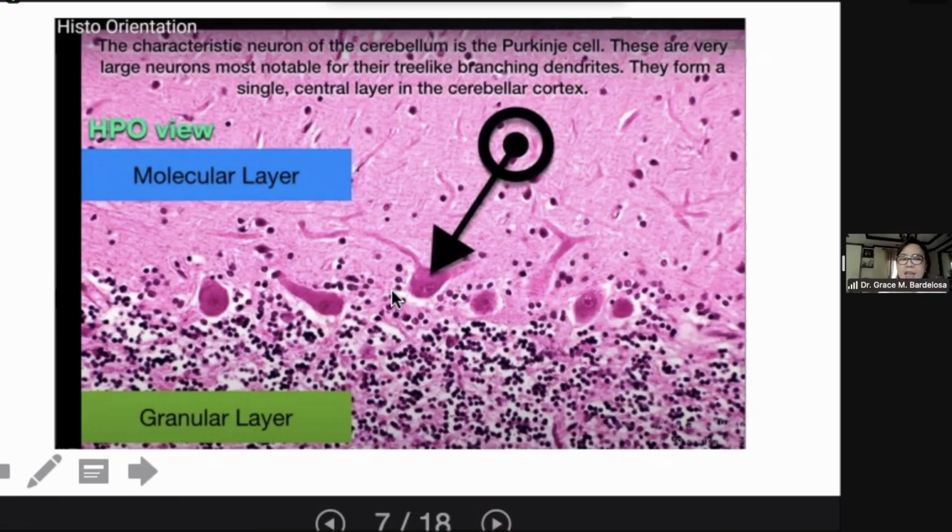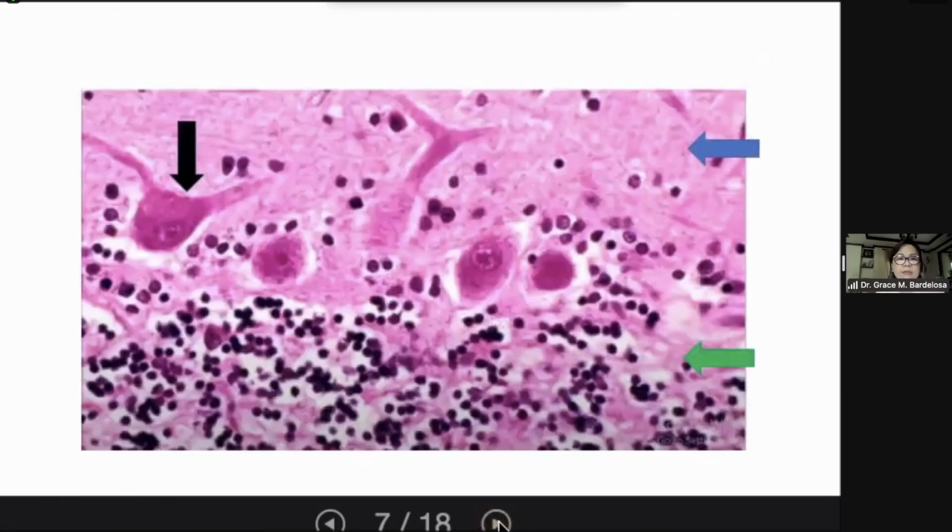When this is shown to you, you will immediately identify that this is the cerebellum. So, cerebrum, pyramidal cells. Cerebellum, the Purkinje cells are arranged in a single layer fashion. These flask-shaped cells are known as Purkinje cells, and immediately underneath is the granular layer. All these three layers make up the cerebellar cortex.